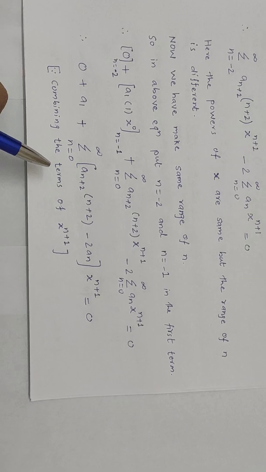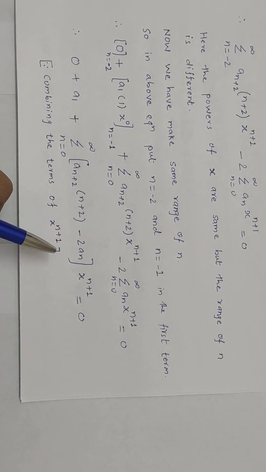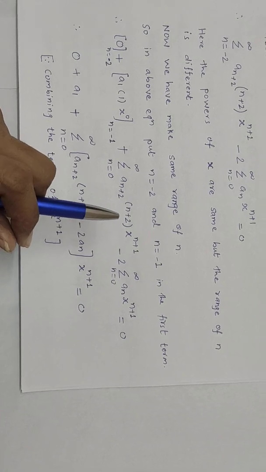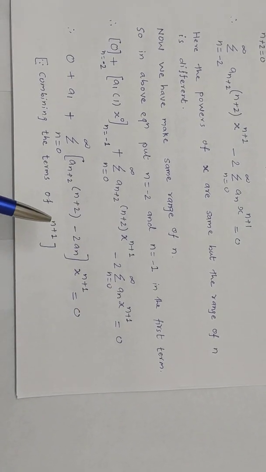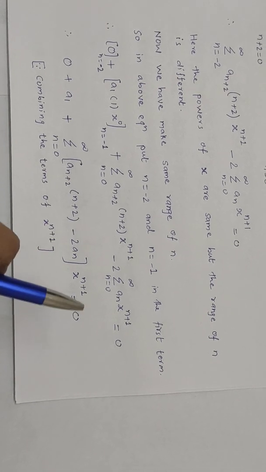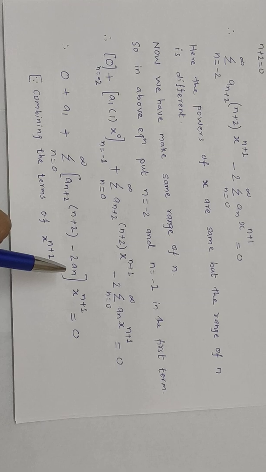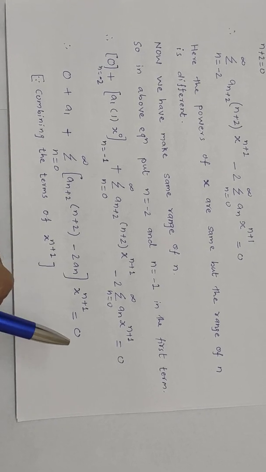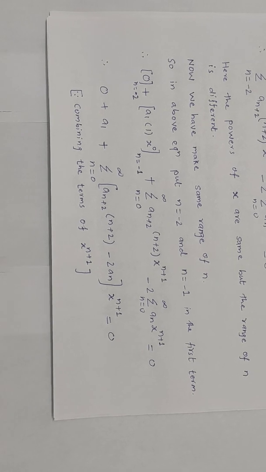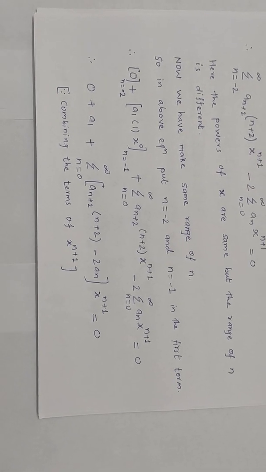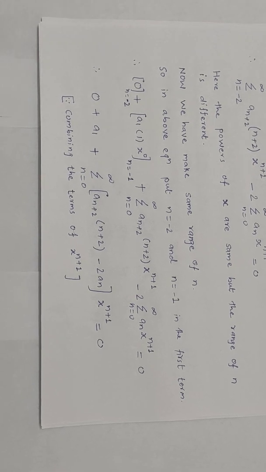Now what we have done is we have combined the terms of x raised to n+1 only, or you can say that we have taken common x raised to n+1 from these two terms, and the coefficient of x raised to n+1 becomes a_{n+2}(n+2) minus 2 times a_n, and that equals 0. Now we have to find out the values of the constants, that is a1, a2, a3, a4 and so on.